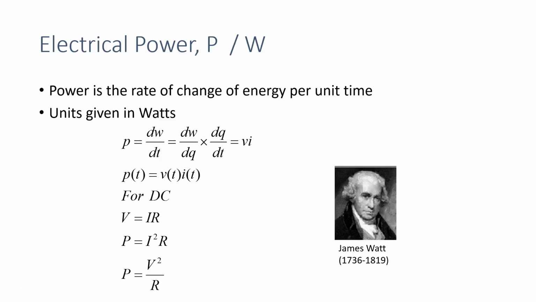Electrical power is essentially the rate of change of energy per unit time. So if we look at that as a differential equation, we'll get dW/dt, that is the rate at which work is done with time. And we could decompose this into dW/dQ, which is the work done per unit charge, and dQ/dt, which is the rate of change of charge.